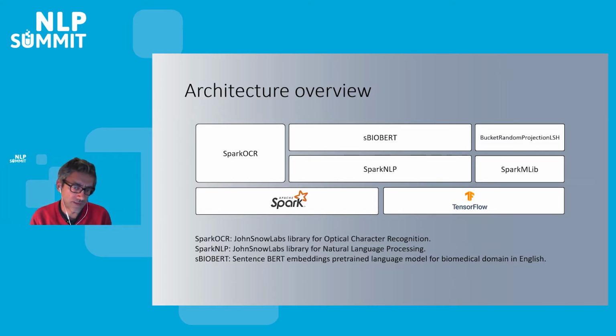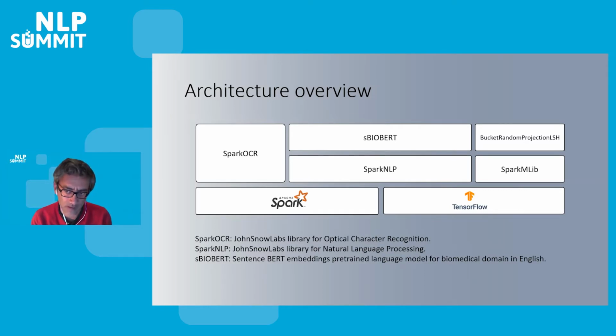And on top of Spark NLP, we will be very focused specifically on a new kind of model, recently released in the last year. We recently released these BERT models that are trained at the level of the sentence. Specifically, we will use a sentence BERT model that is trained to capture the semantic meaning of biomedical content.